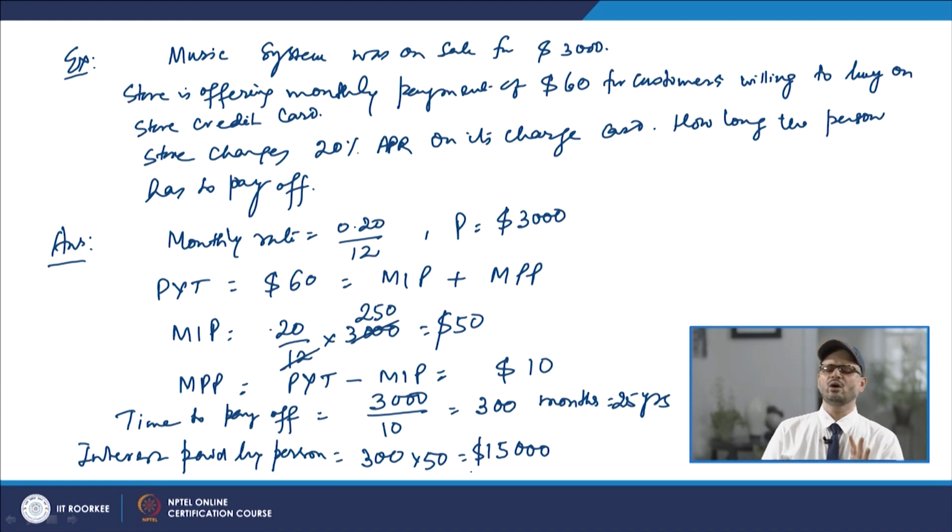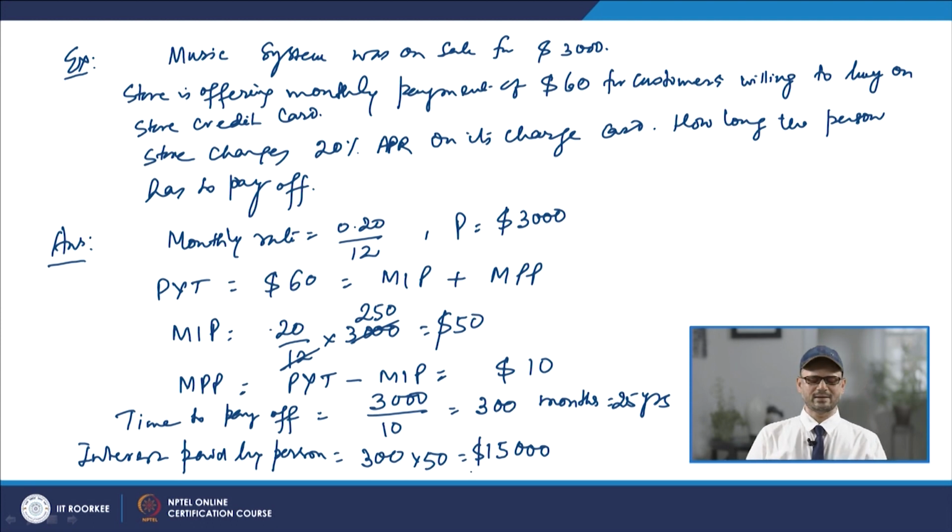For a product worth $3,000, he is paying $15,000 as interest. This is the cost of credit. How much interest he is paying and the schedule of payment are all clear by looking at this table.